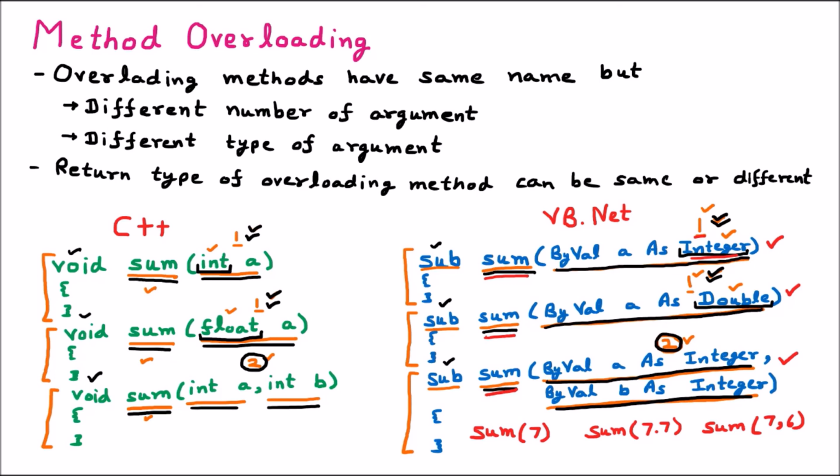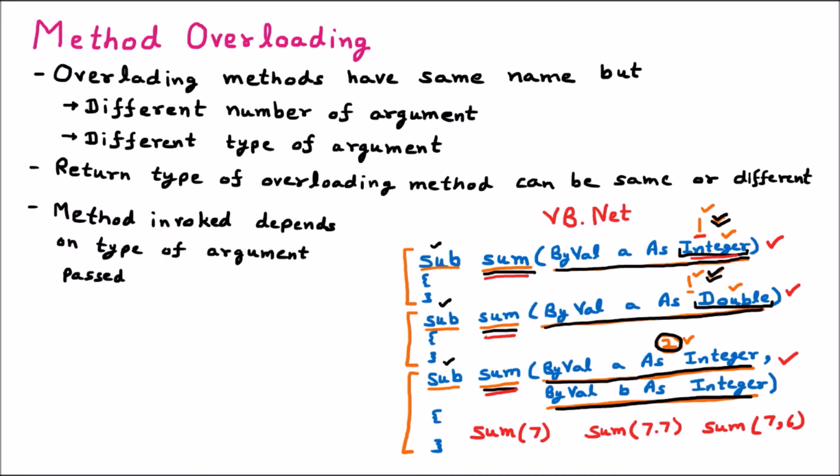So method invocation depends upon the type of argument passed. Whatever argument we are passing, based upon this the procedure will be called. If here I am passing the integer, so the integer procedure is called. If I am passing the double, so the double procedure is called. And here I am passing the 2 integers, so the procedure with the 2 integers will be called.